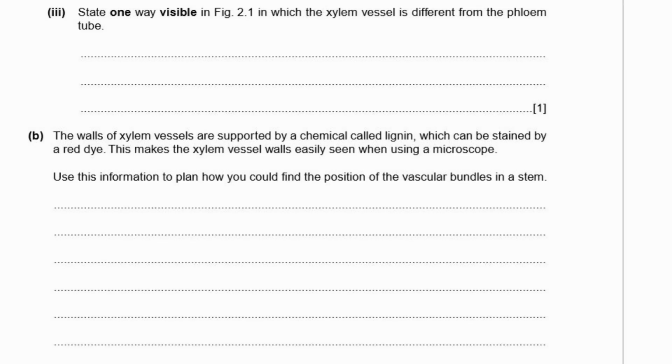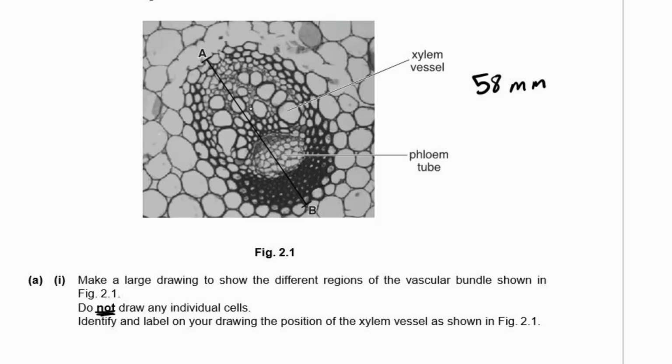3. State one way visible in 2.1 in which the xylem vessel is different from the phloem tube. So there's a few things you could say about this. You could say that the xylem vessels have a larger area because clearly they do have a larger area than the phloem tubes. You could say that the xylem vessel walls are actually thicker than the phloem vessel walls. You can see that in the picture quite clearly.